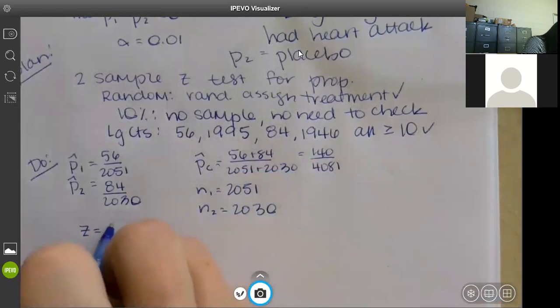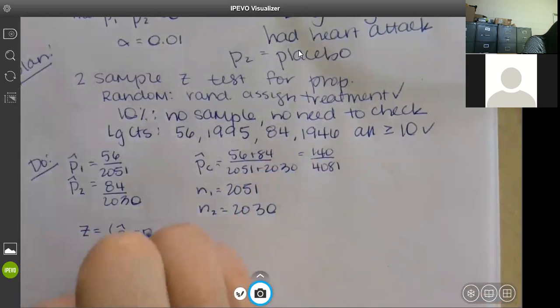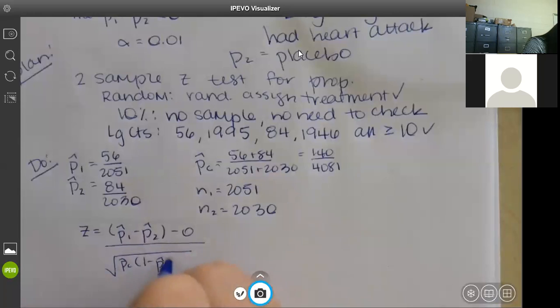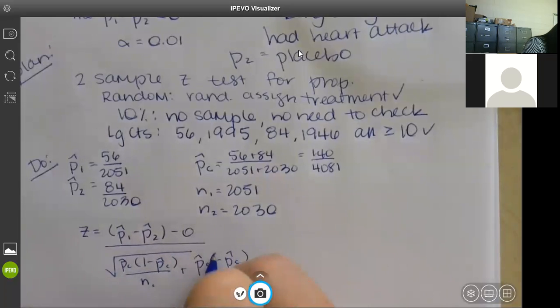So the formula is P hat 1 minus P hat 2 minus 0 over the big fat square root of P hat combined times 1 minus P hat combined over N1 plus P hat combined times 1 minus P hat combined over N2.